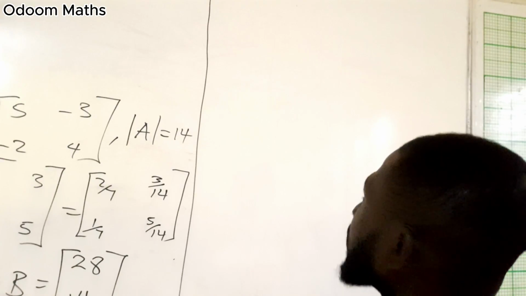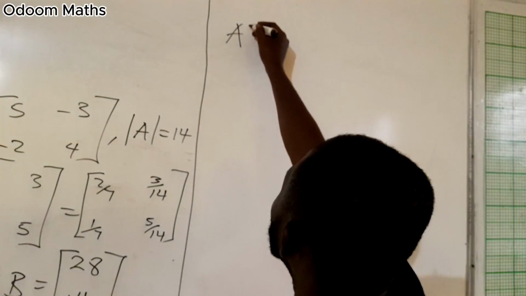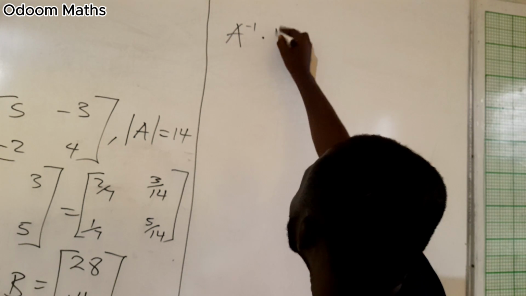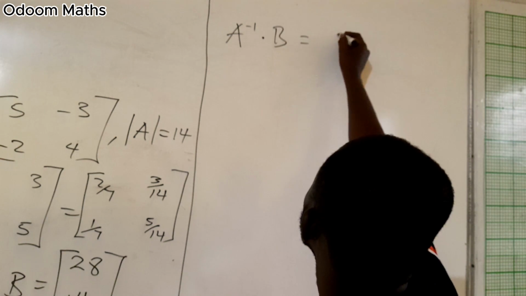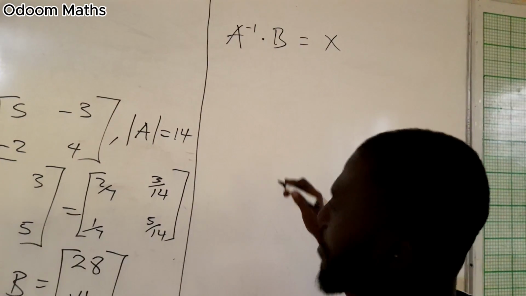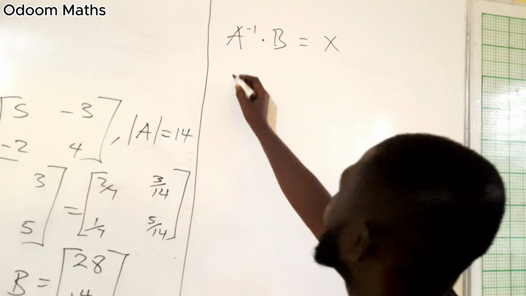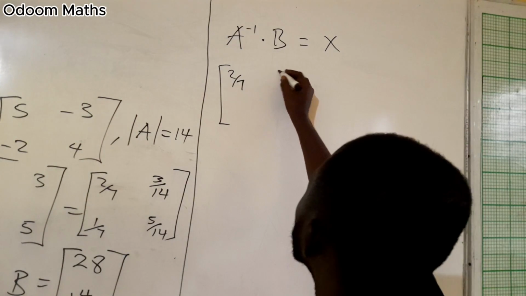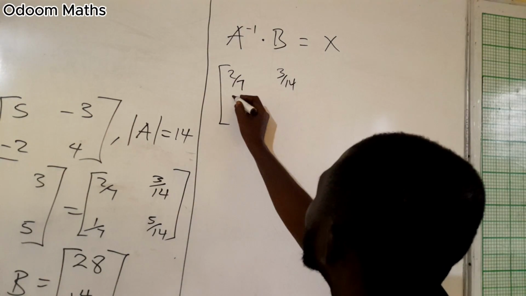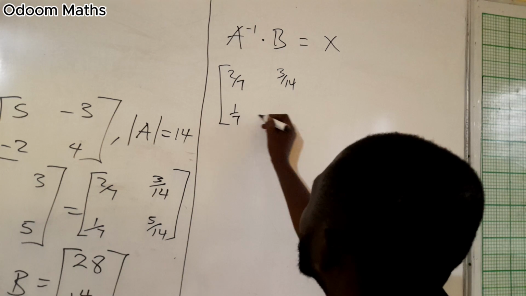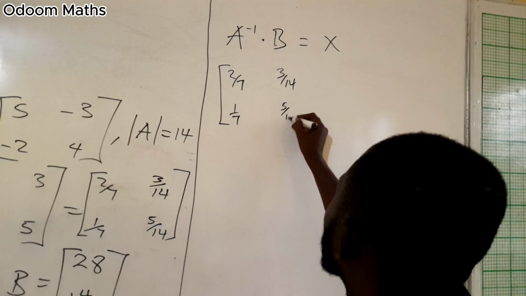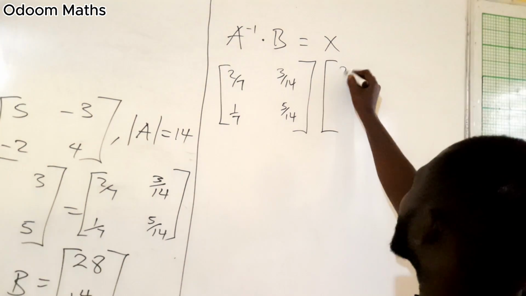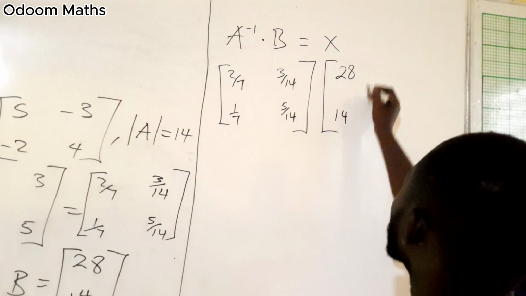Our A inverse times the matrix B should be equal to X. Our A inverse has been found to be 2 over 7, 3 over 14, then 1 over 7, 5 over 14, and that is going to multiply B, and B is 28, 14.